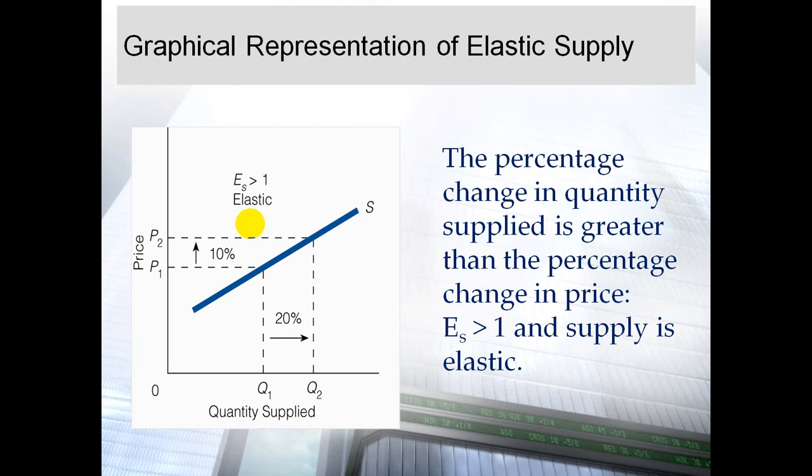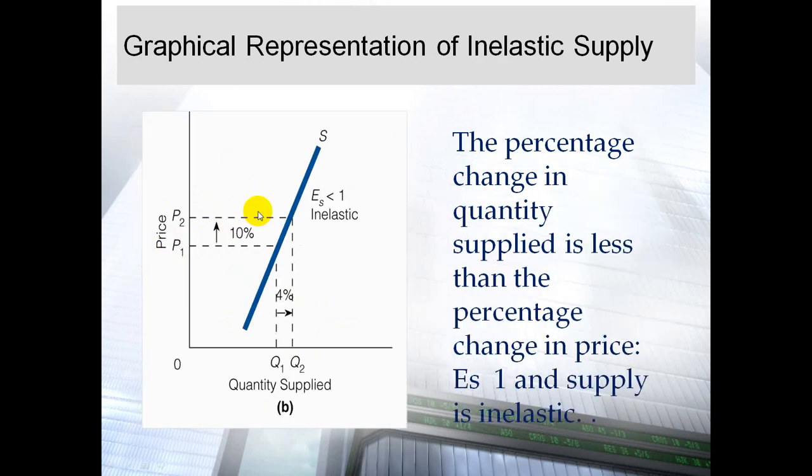And it is a direct or positive relationship between quantity supplied and price. So here the responsiveness of quantity supplied is 20%. The price increased, so quantity supplied increases, but it increased by 20%, so the response is bigger than the change in price, so we call it elastic supply.